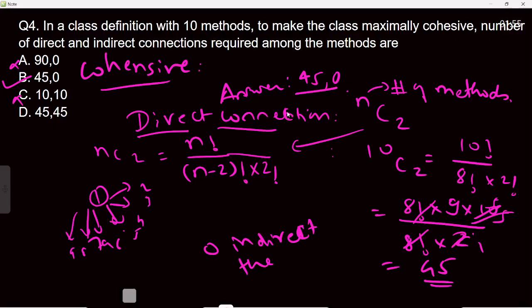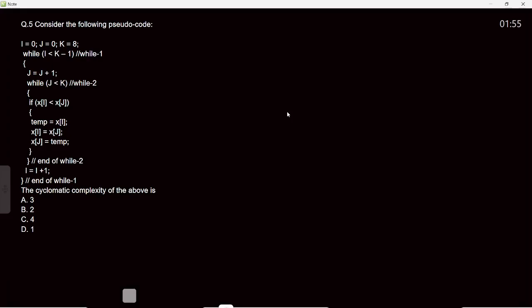Now let's move to the fifth question. In this we are given one pseudocode, and it is asking for the cyclomatic complexity of the above code.